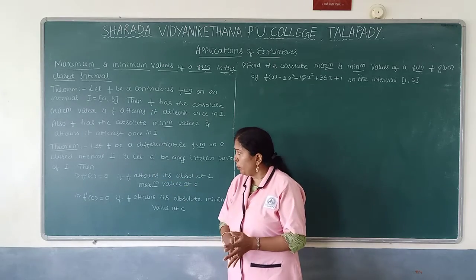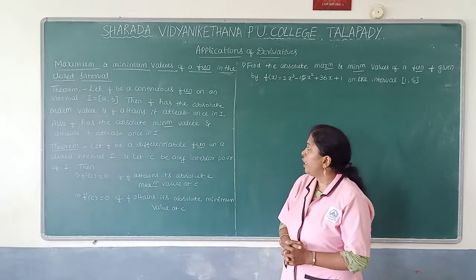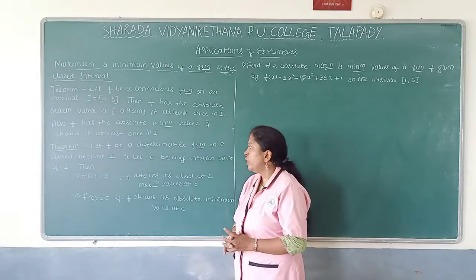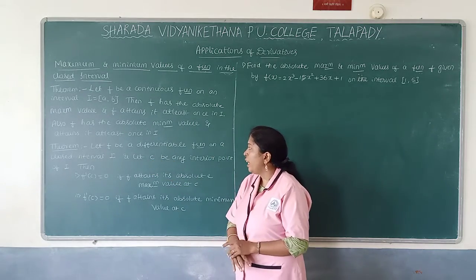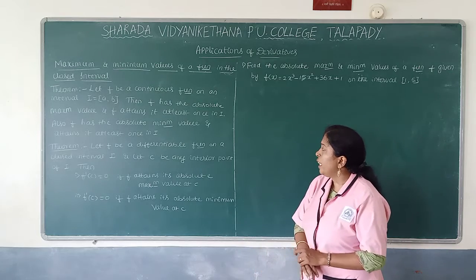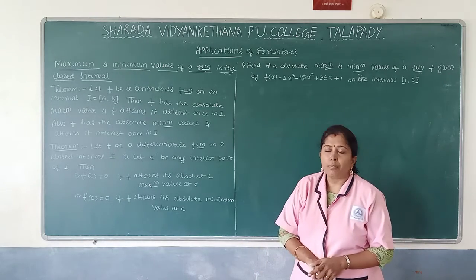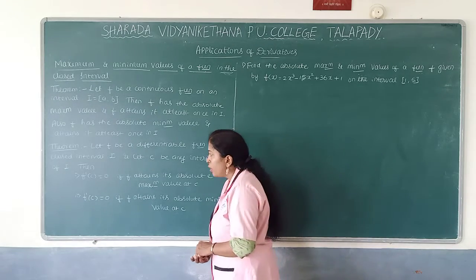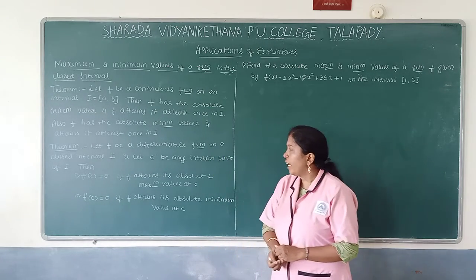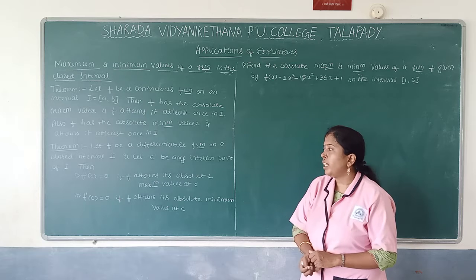See, one more statement is there. Let f be a differentiable function on a closed interval I, and let c be any interior point on I, means neighborhood point on I, then f dash of c is equal to 0 if f attains absolute maximum value at c.